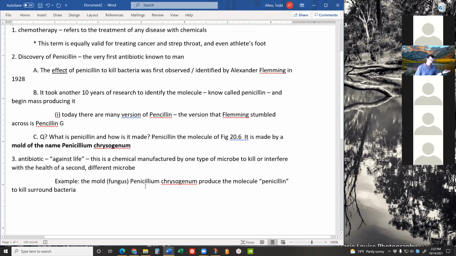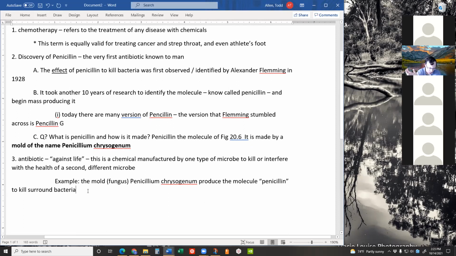I've never read anything in the history books that tells me what specific species of bacteria Fleming had on his petri dish plates. I suspect that might be information that's been lost to the years of history. But nonetheless, penicillin is a molecule made from the metabolism of a mold to kill bacteria.